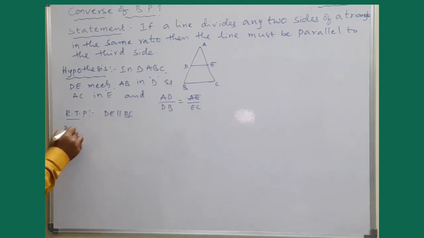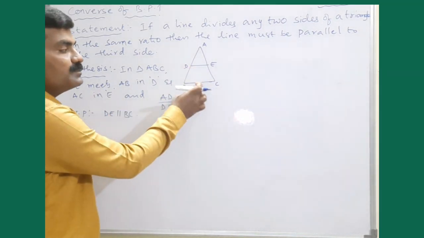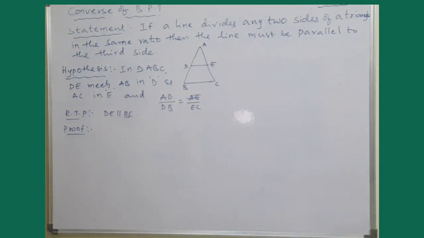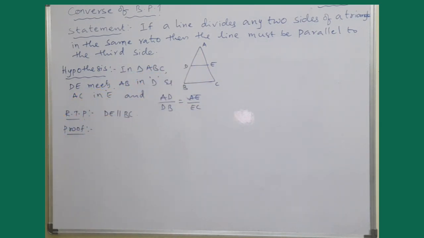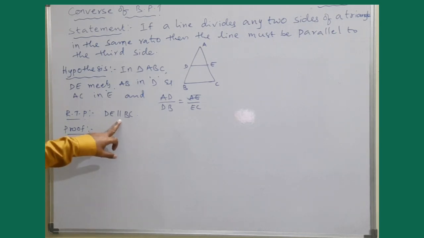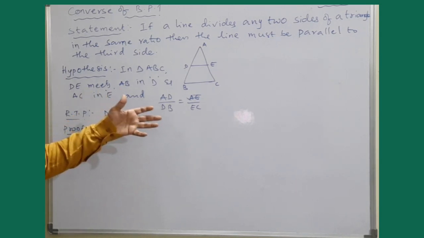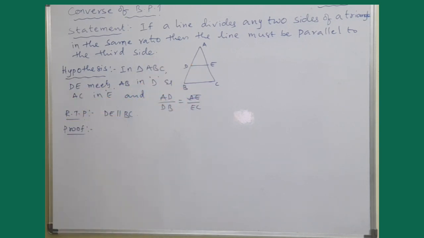So coming to the proof, actually we need to prove that DE is parallel to BC, but here I am trying to prove that DE is not parallel to BC, which is called the contradiction method. So instead of the required condition, let us suppose the opposite. If we try to prove that DE is not parallel to BC, then this statement will be wrong.